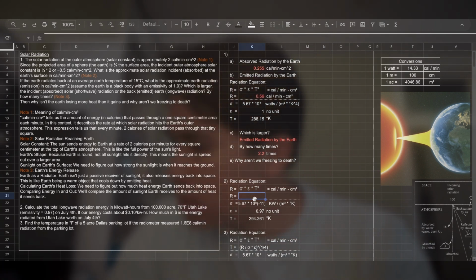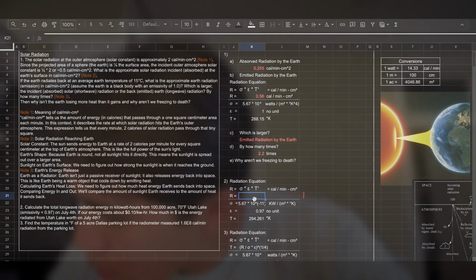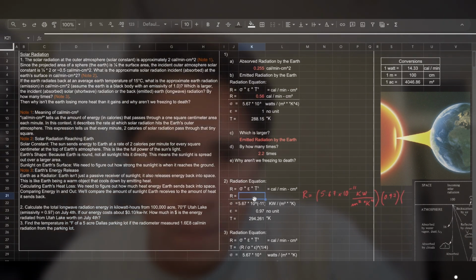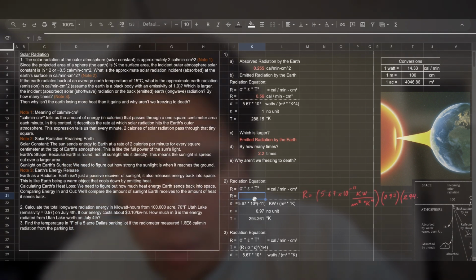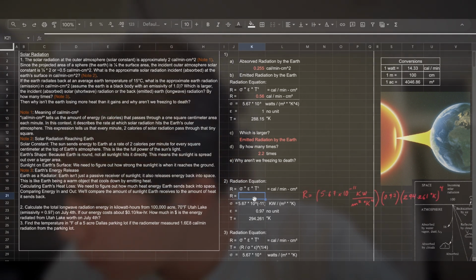So we have the radiation equals 5.67 times 10 to the negative 11 kilowatt per meter square degrees Kelvin to the fourth, times the emissivity 0.97, and then the temperature is 294.261 degrees Kelvin to the fourth.